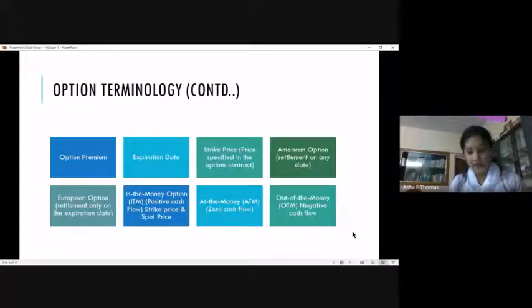A now can decide whether he will buy it or not, on looking at the price that is prevailing in the market. So the amount paid by A to B for selling his right to him is called the option premium. So now A is in long position after paying premium to B.